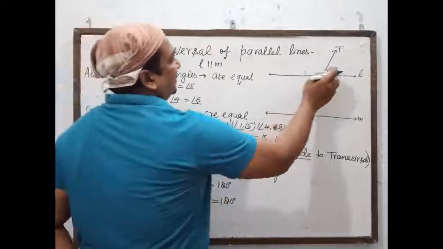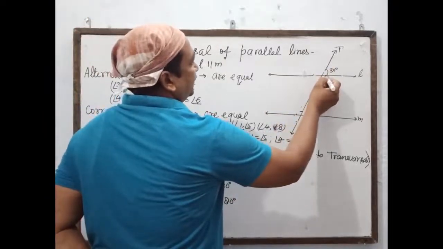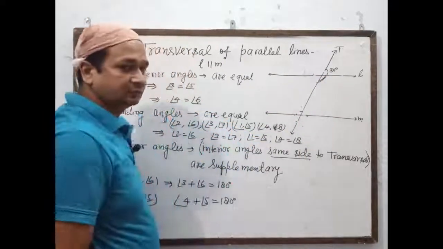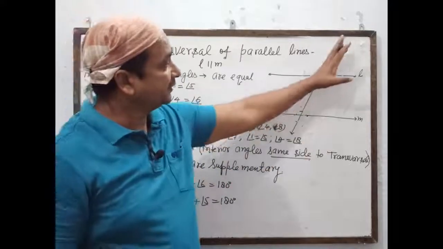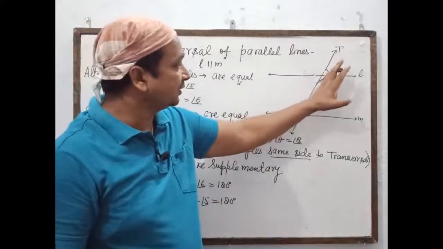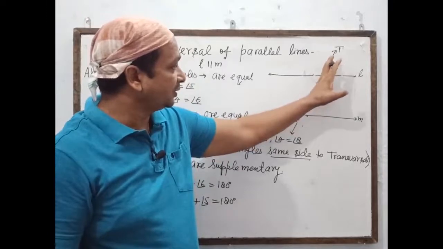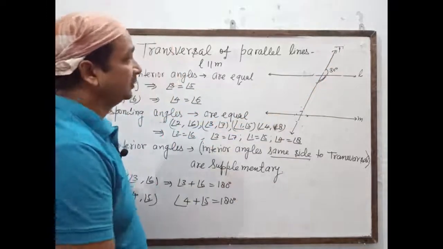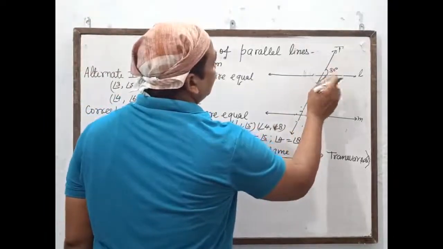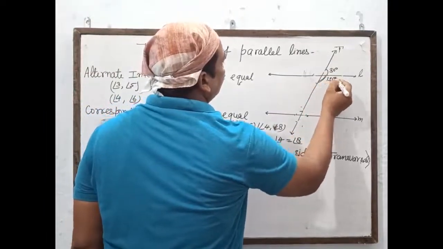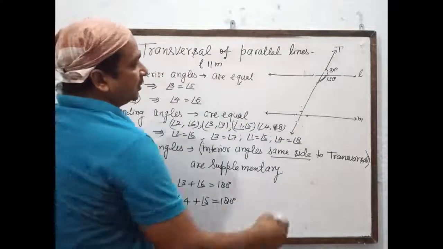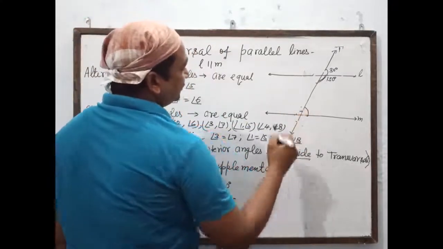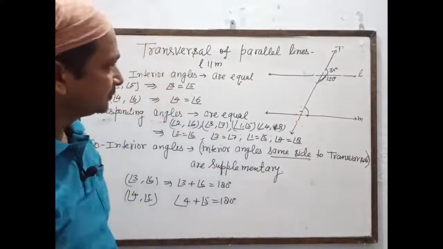Then this is 30 degrees, so what will this angle be? By the figure, this is a straight line and these two angles are on a straight line. Combined, the two angles make a straight line, so this is a linear pair. This is 30, and a linear pair is supplementary. This is 150 degrees.